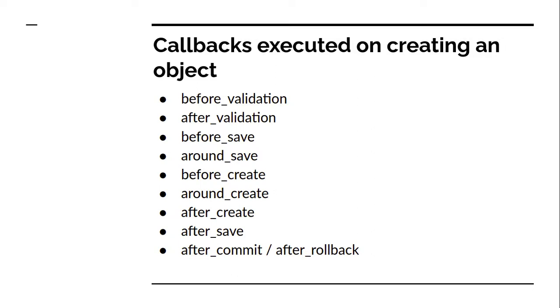Before save will be executed when you try to save to the database. Just like we used the before create callback here, we can do the same thing with before save as well. Why? Because your object is not saved into the database, it is only instantiated. Around save, before create we already saw, around create, and after create, after save, and after commit.